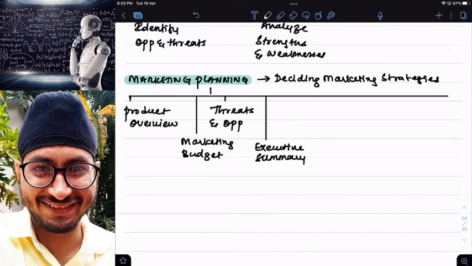Then we have the current market position of similar products and services.